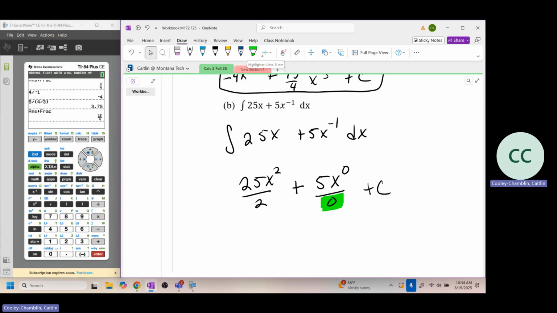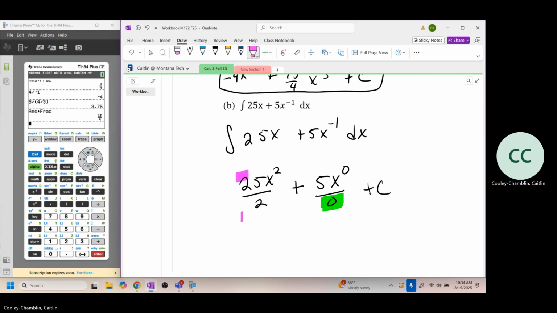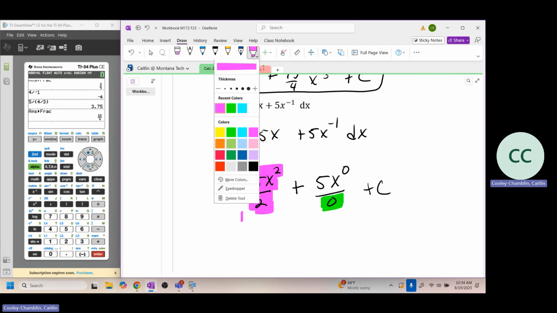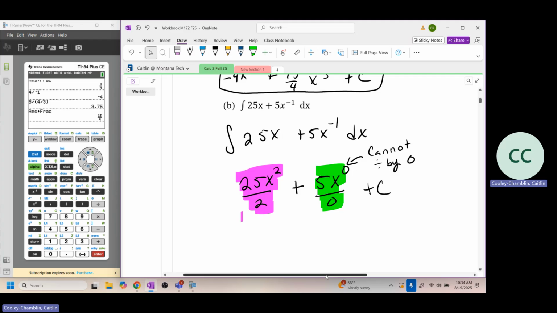So while this first antiderivative is correct, the second one can't possibly be, because we cannot divide by 0. Okay, let's go check our rules.